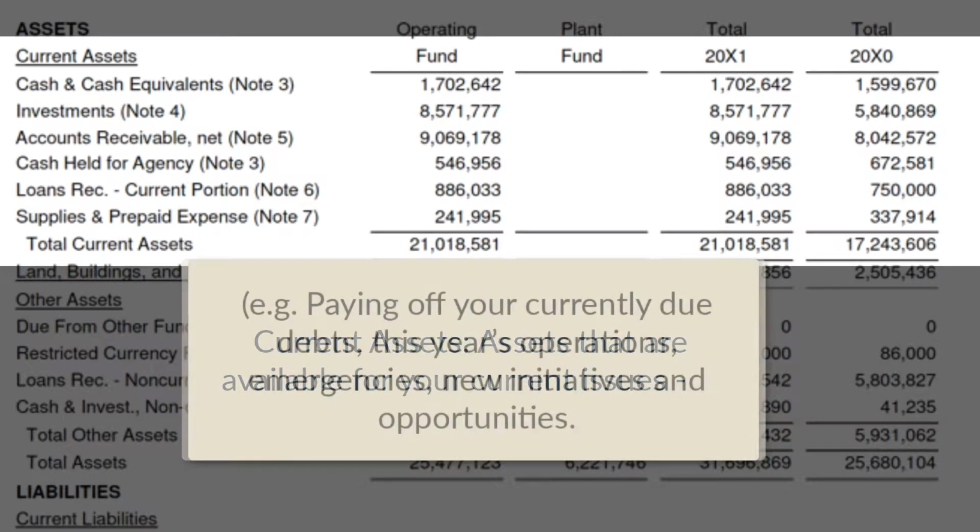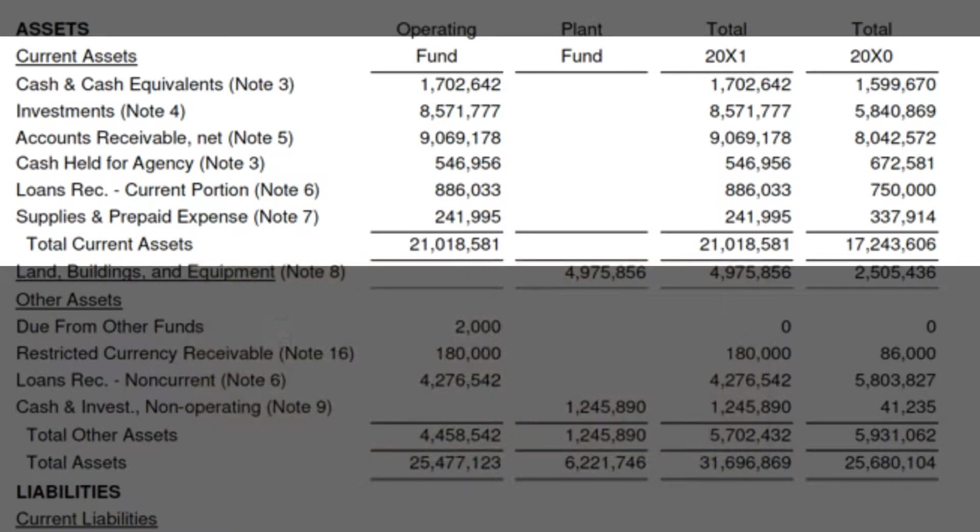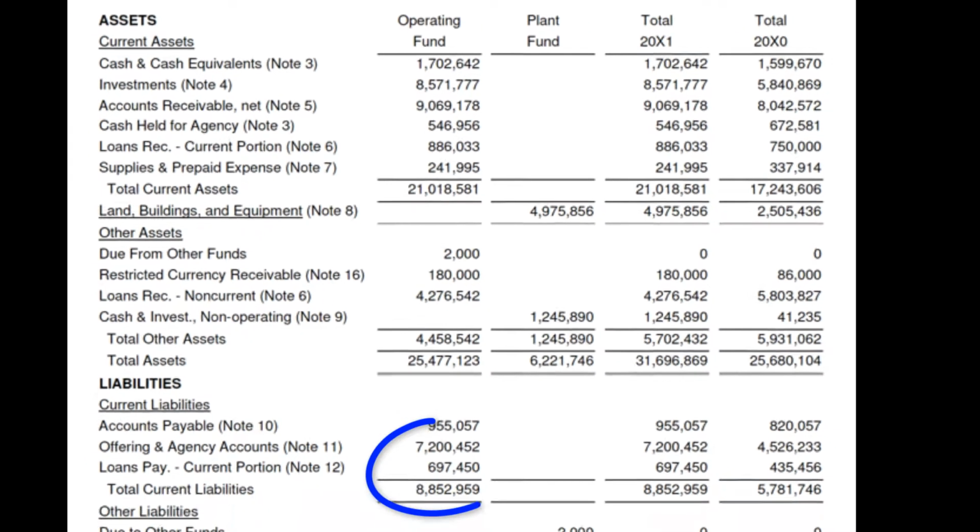My ability to survive 12 months, my ability to handle emergencies, my ability to take new initiatives, and my ability to pay off my current liabilities. Okay, I think I covered all four of those. All right, so those are what current assets are, and the first thing we come to is that we're going to use current assets to pay off our current liabilities.